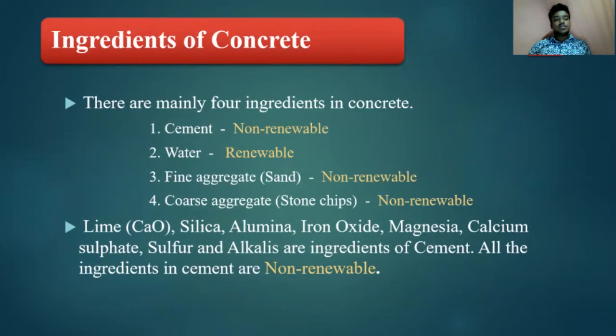There are several cement components also in the concrete: lime, silica, magnesia, alumina, sulfate, sulfur are some of them. Those are non-renewable, and all the ingredients except water are non-renewable in concrete.